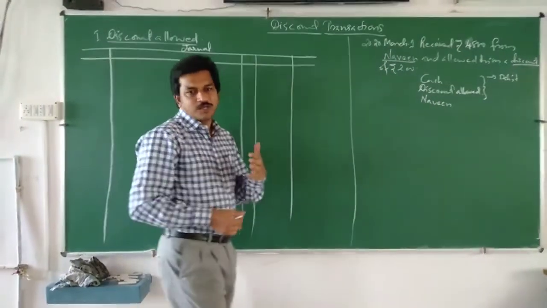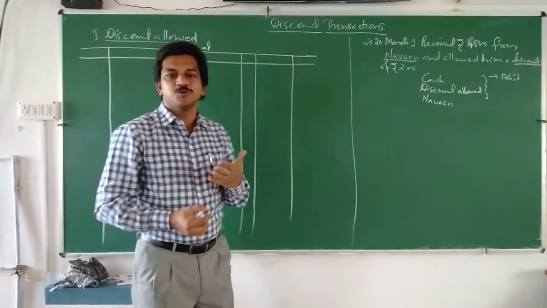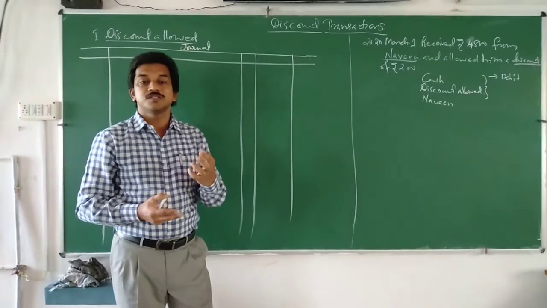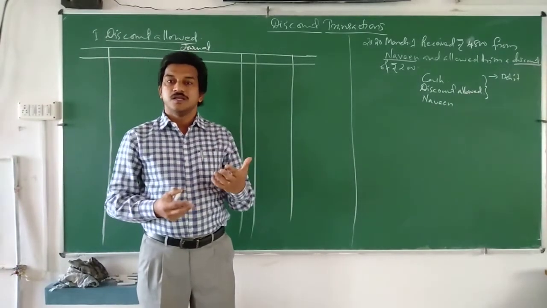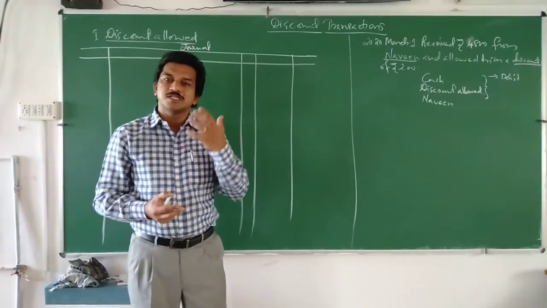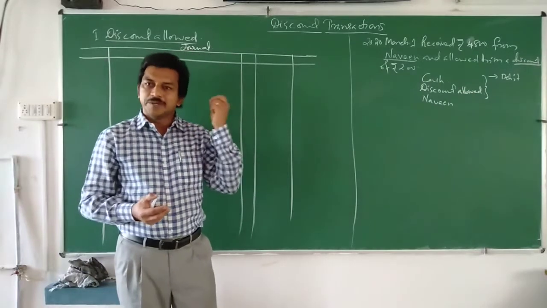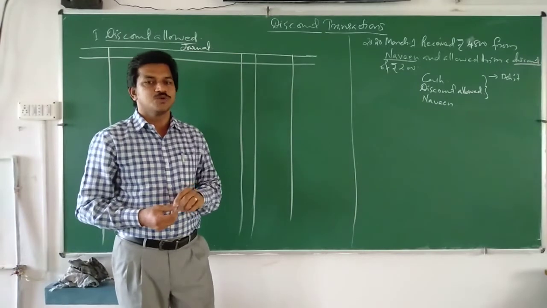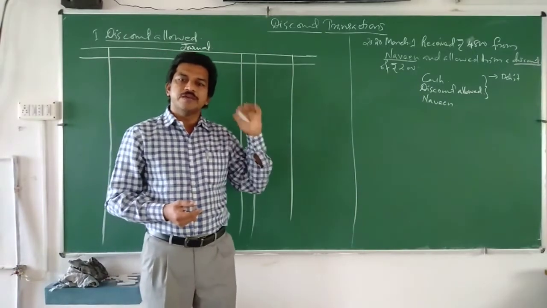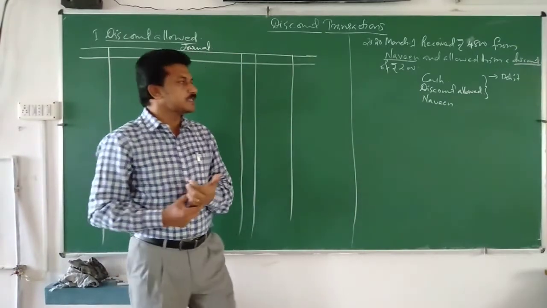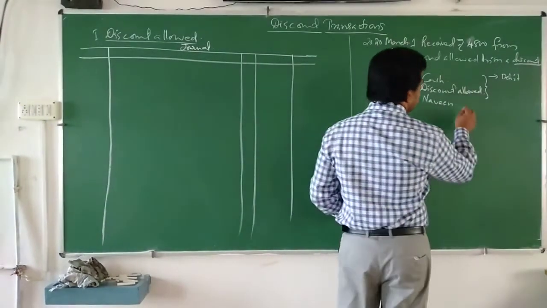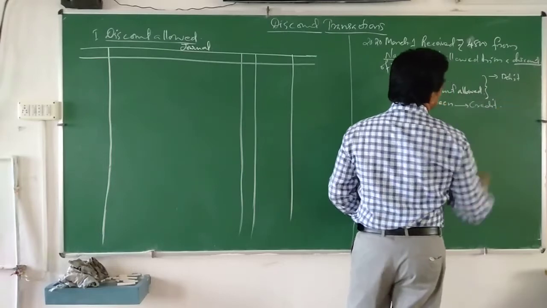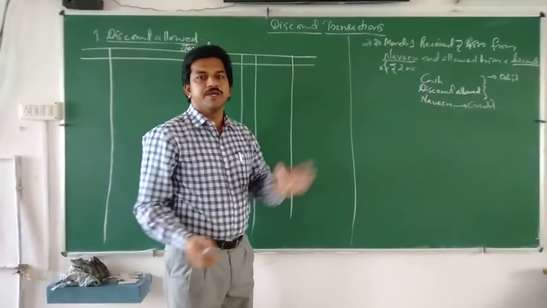Naveen is the person, so we have to see the personal account rule: debit the receiver, credit the giver. The person who receives something will be debited, the person who gives something will be credited. So here Naveen gives the cash, so he is the creditor. His name will be credited.